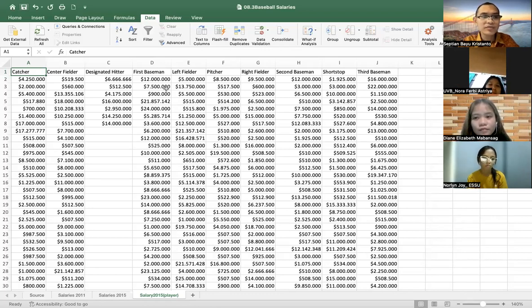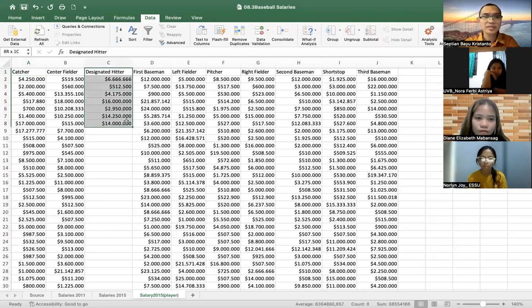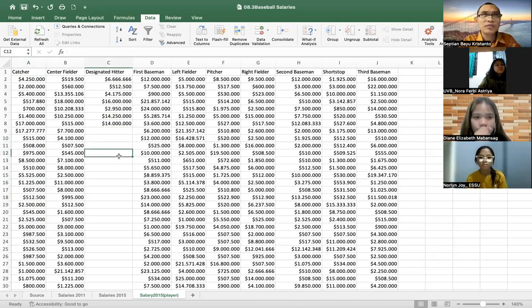There are salaries from every position, starting from the catcher, center fielder, designated hitter, until the third baseman. We have lots of data like this, with a different number of observations. You can see there are only 7 designated hitters, but we have lots of catcher and center fielder data.